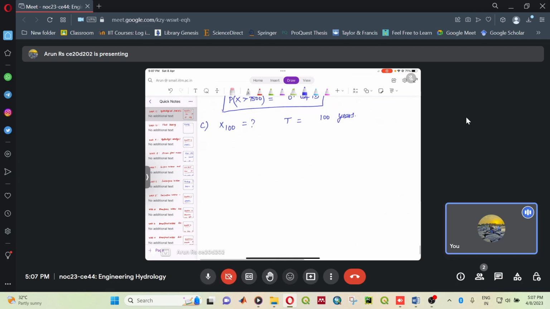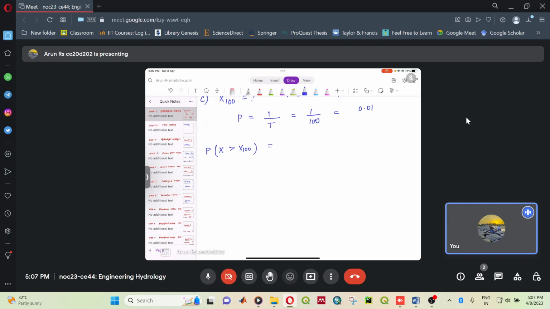When the return period is given, we can find out what is the probability. So probability is equal to the inverse of the return period, which is 1 by 100, and it is 0.01. So we need to find what is the probability of x greater than x 100.